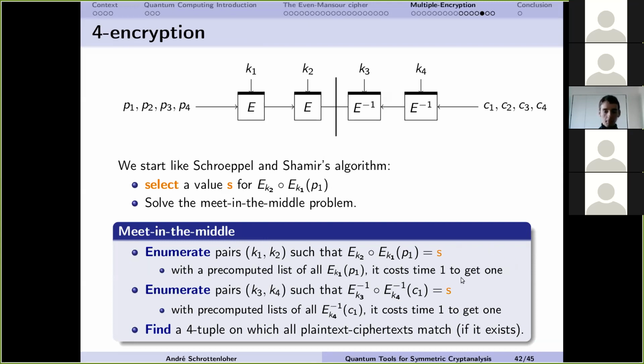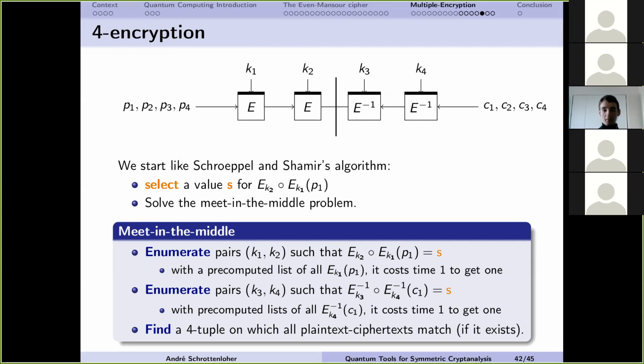So it's very easy. It's the same for pairs K3, K4. So this is the meet-in-the-middle problem. In order to solve it, it is going to cost a time 2 to the power 4 if all the keys are of size 2 to the power 4. And so we recover the time complexity of the Chopin-Chamis algorithm.